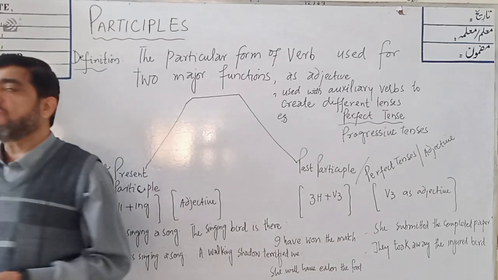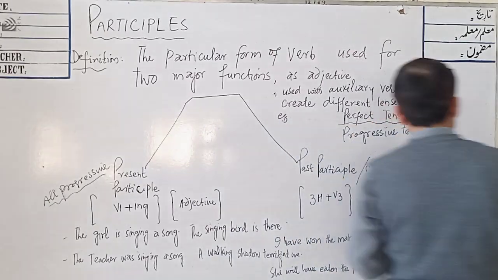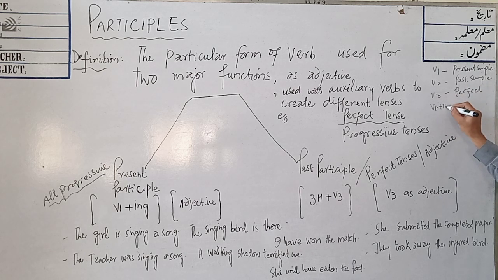Naturally, we are using four major forms while using tenses, in which V1 is used with present simple, V2 is used with past simple, V3 is used with perfect, and V1 plus ing is used with all progressive.